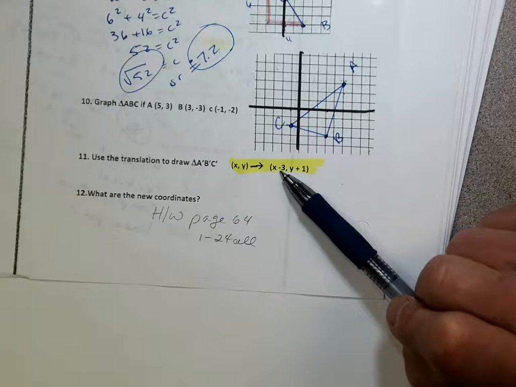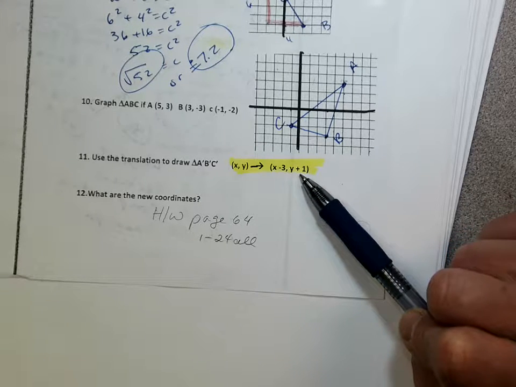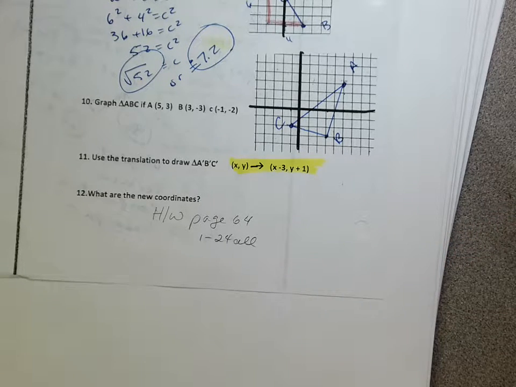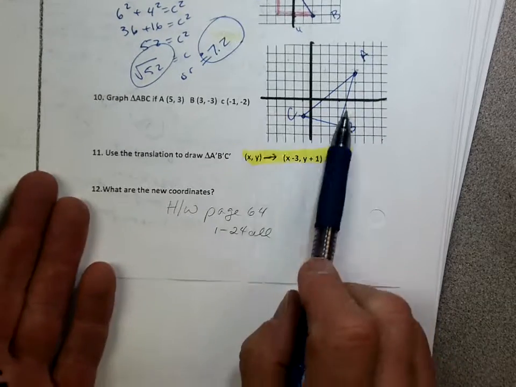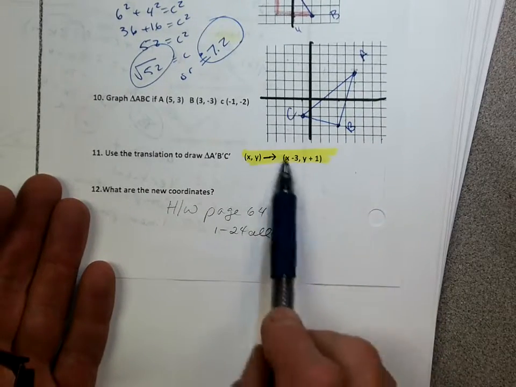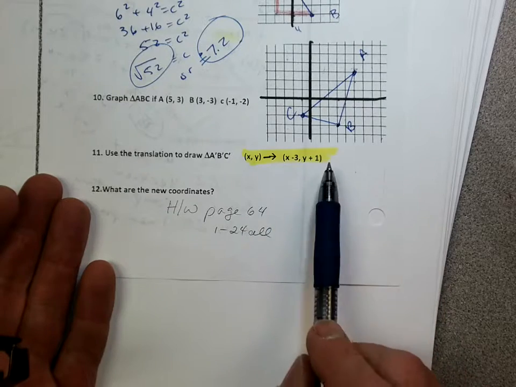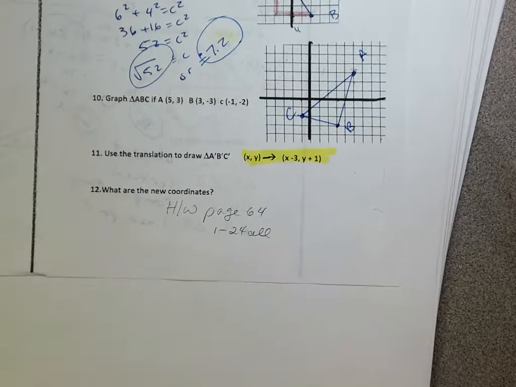I'm going to move the triangle. Every x value is going to go back 3, and every y value is going to go up 1. So really, I'm going to take the entire triangle back 3, up 1. That's what this says. X values go back 3, and y values go up 1. So let's do that. Let me get a different color pen because I want to be able to show this in a different color pen.